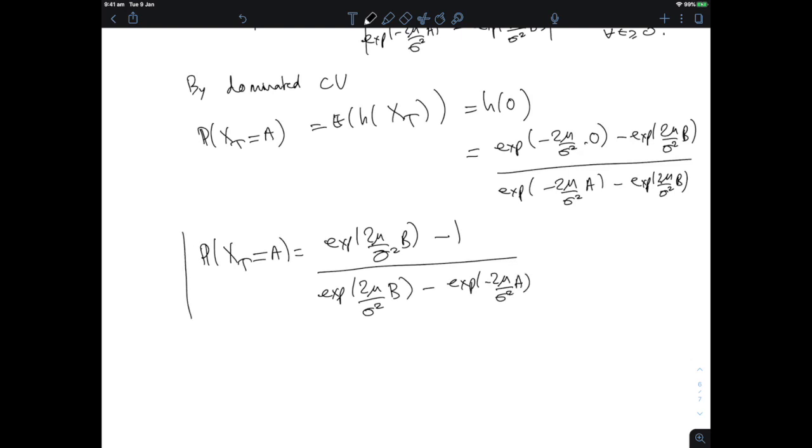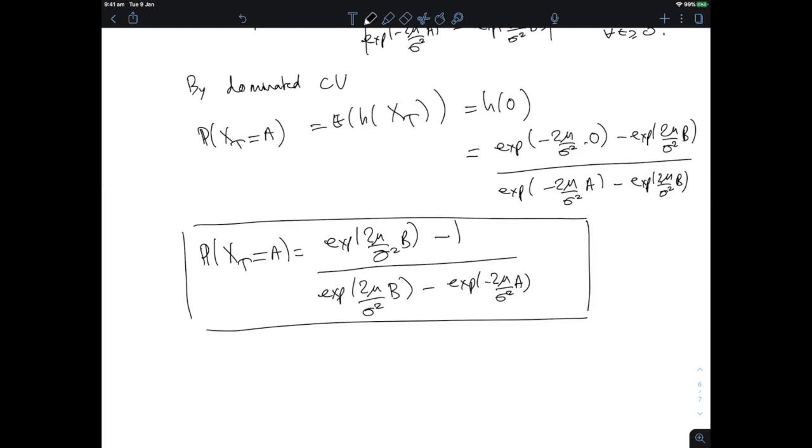Okay, so this is a fairly complicated expression, but it is very explicit, and it tells you exactly how this process, that is a mix of a multiple of the Brownian, sigma B_t, and a deterministic process, will exit the interval through the right rather than through the left.